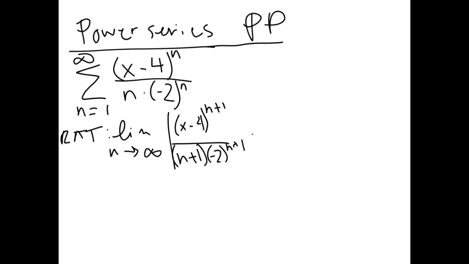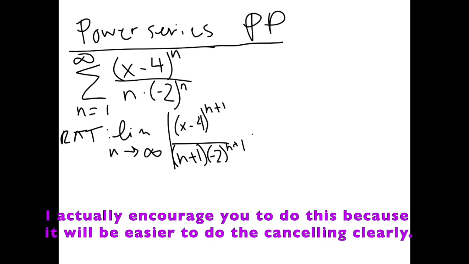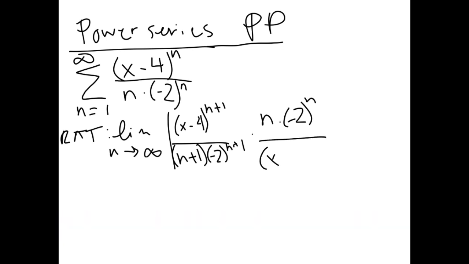And again, I don't have room to write the division, so I'm going to multiply by the reciprocal. So, n times negative 2 to the n over (x minus 4) to the n.